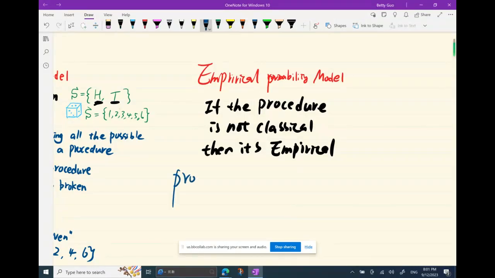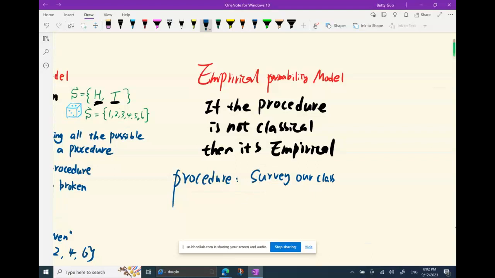Let's say our procedure is to survey our class. And then we are going to write down.